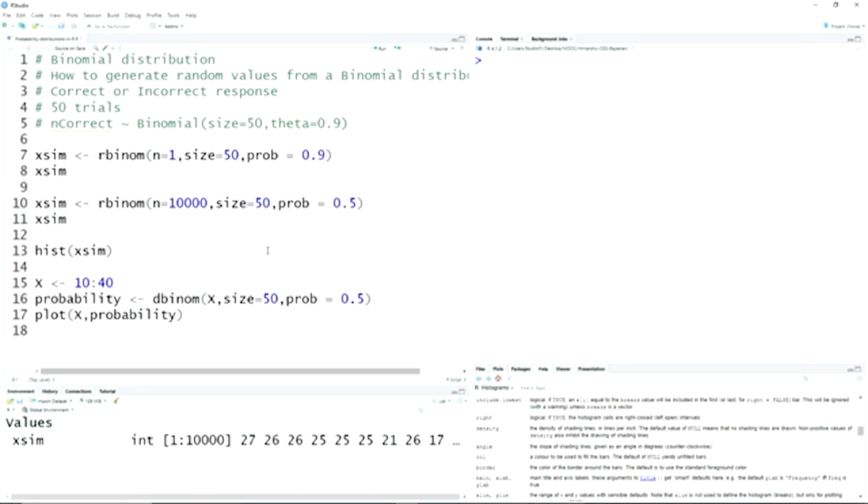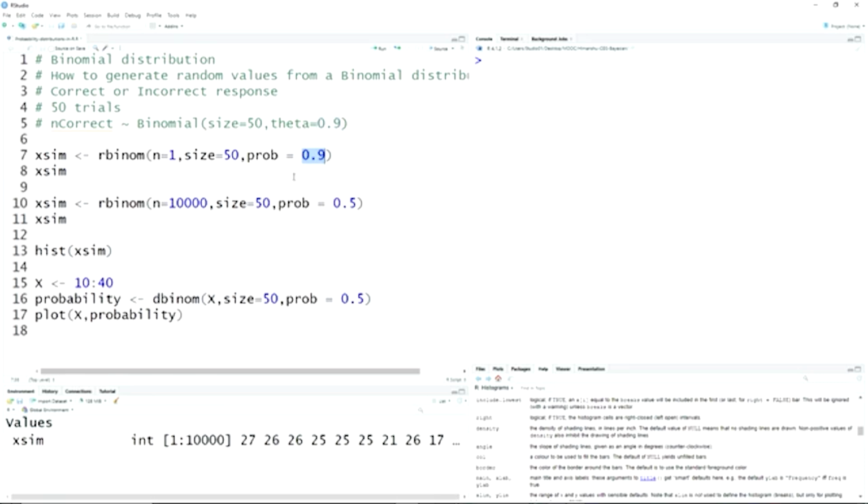For example, we were talking about the binomial distribution in R in the previous lecture, and we saw that the function we use to generate random values from a binomial distribution is rbinom. Here I'm generating a single random value from a binomial distribution with sample size 50 and underlying probability of success 0.9.